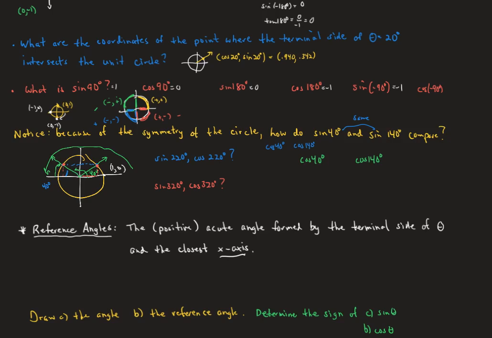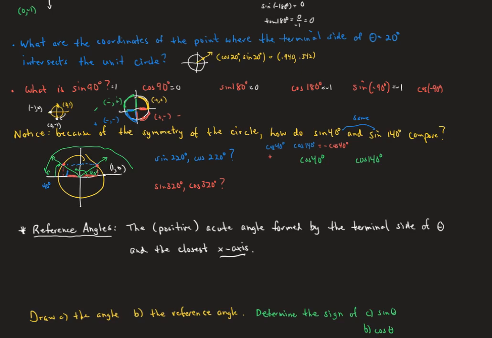Can you see that these distances here are the same, but because one is to the right, this would be a positive value, and the cosine of 140 would be the same distance to the other side. It would be the negative of whatever cosine of 40 degrees is. Same number but opposite in sign.